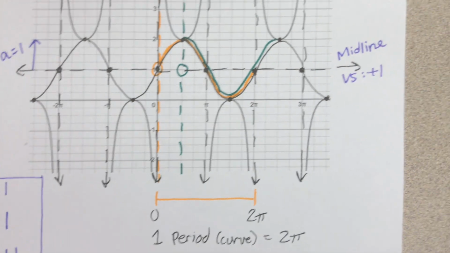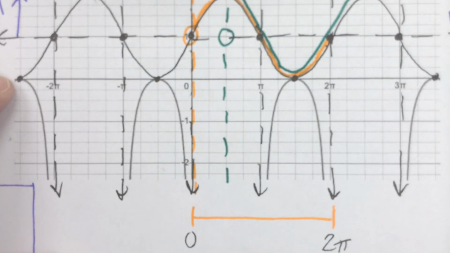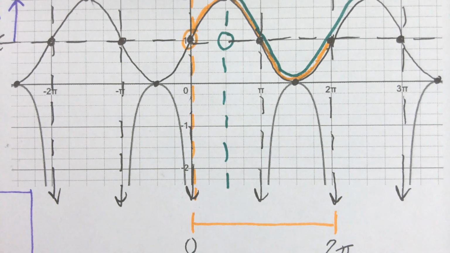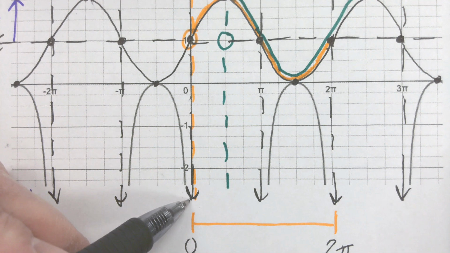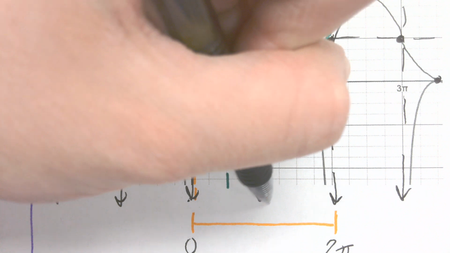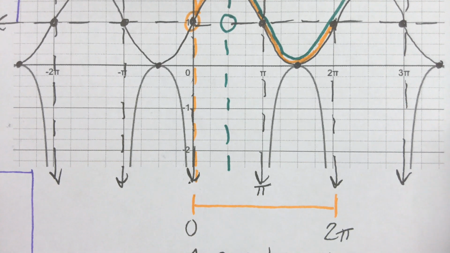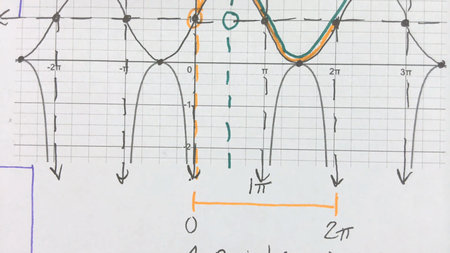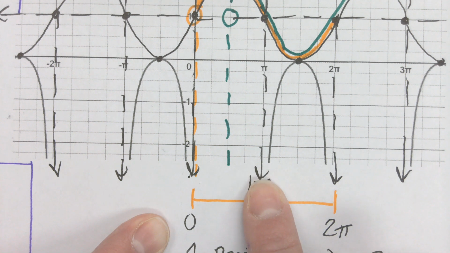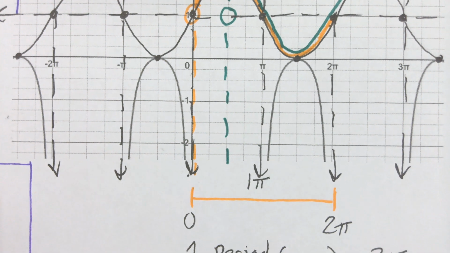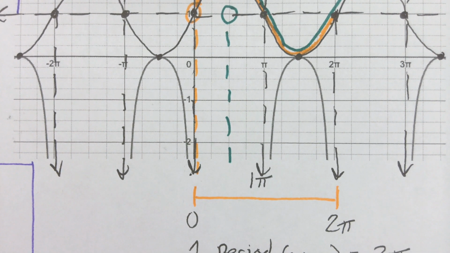Take a closer look here. Again, this number here is 0. And this number is pi. This is just fractions. We're going from 0 to 1. What's halfway between 0 and 1? Come on now, what's halfway between 0 and 1?